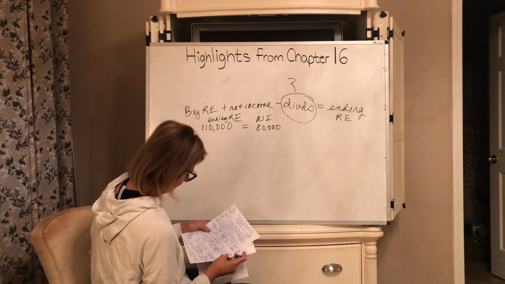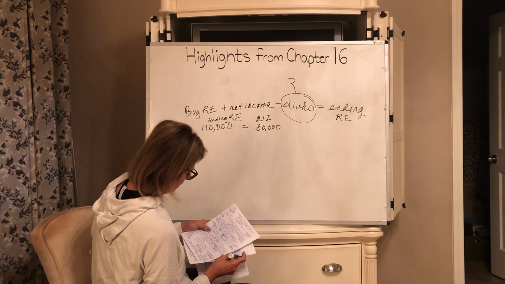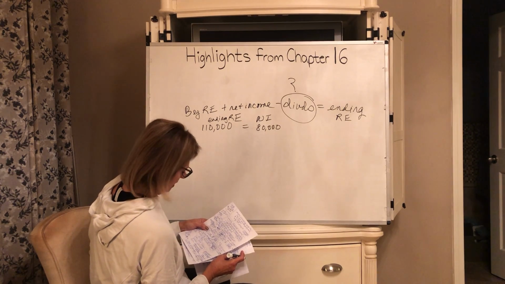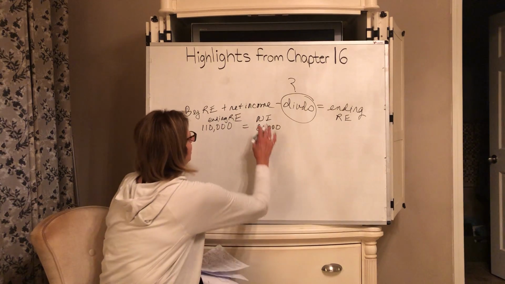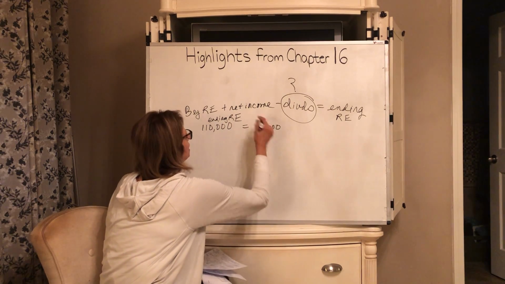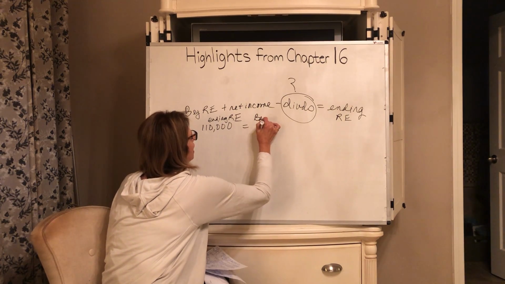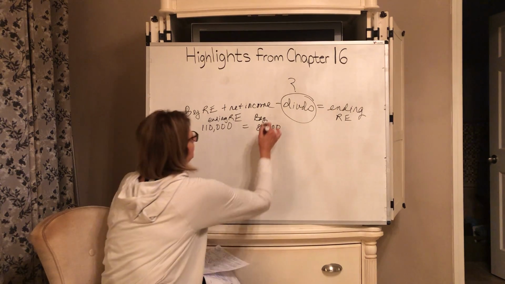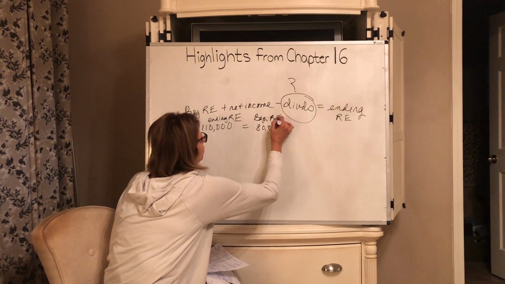Ending retained earnings equals beginning, net income is 40. This is supposed to be beginning. I screwed it up, I'm sorry. Beginning, I named it in my note.